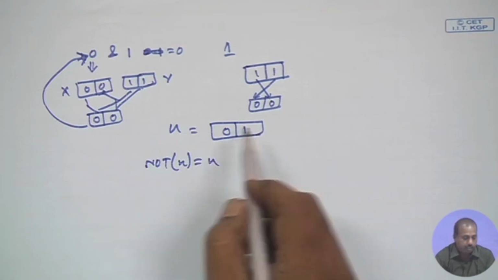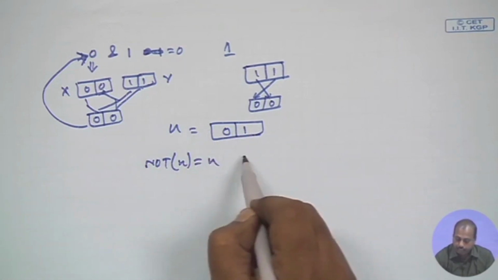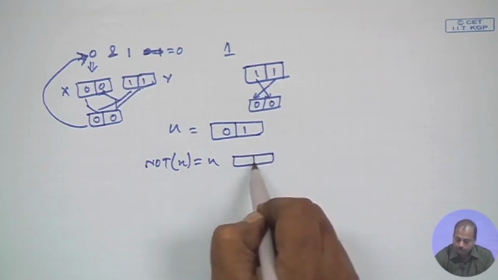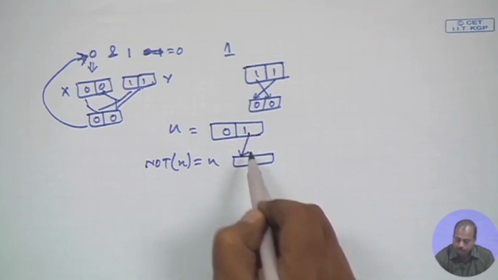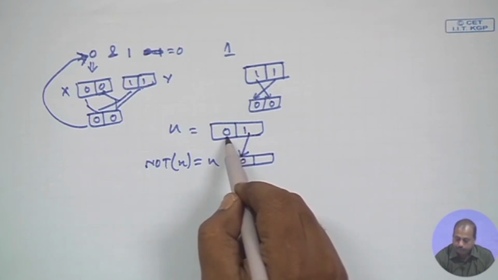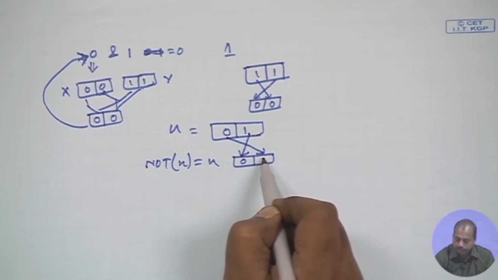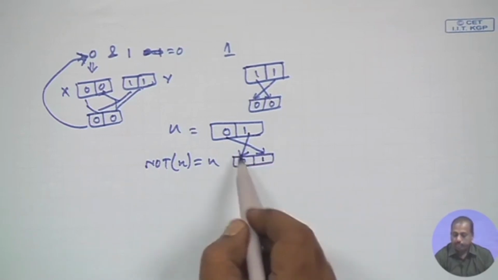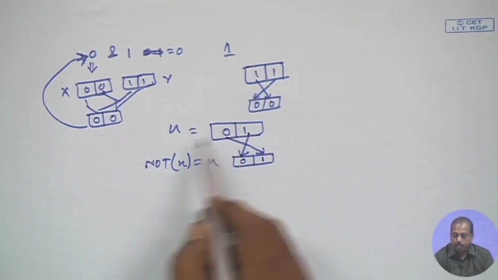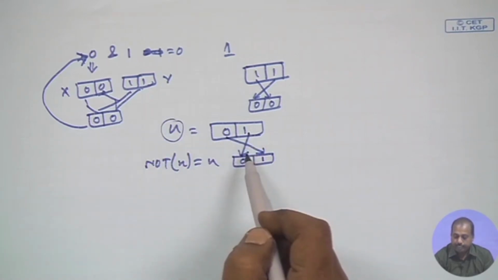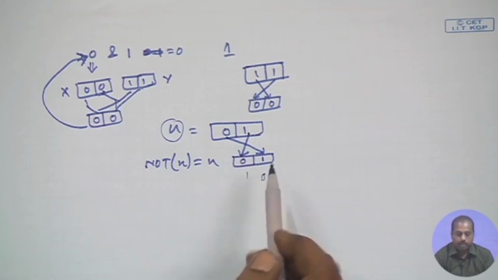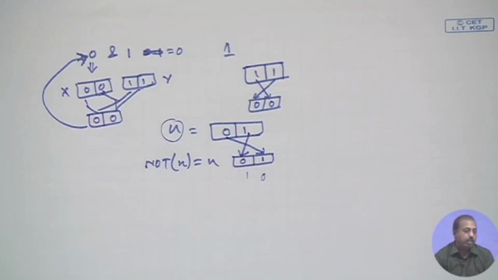As per this rule, for getting the NOT of this symbol, the second part we should invert and take to the first position, and the first part we should invert and take to the second position. By doing this I get the pattern 0 1, which is the representation of unknown. If I do it directly, there is a problem, because I will get 1 0, and 1 0 does not have any counterpart in the ternary logic symbol encoding that we are following here.